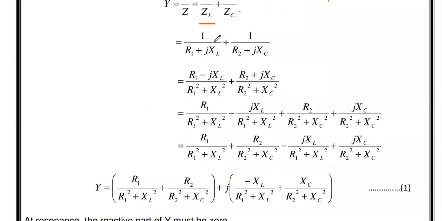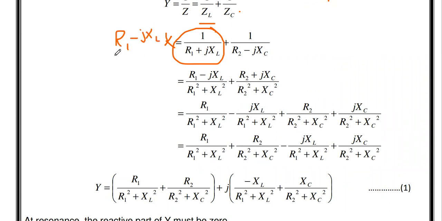Now we have to split this term into real part as well as imaginary part. In the first denominator there is real plus imaginary, and in the second there is real minus imaginary. So you multiply the first part by its complex conjugate. What is the complex conjugate of this denominator term? R1 minus j into XL.